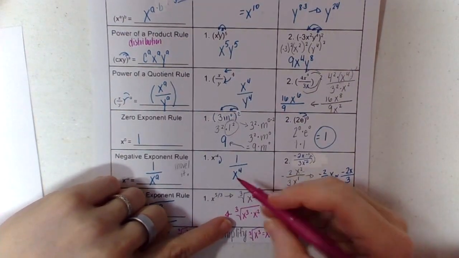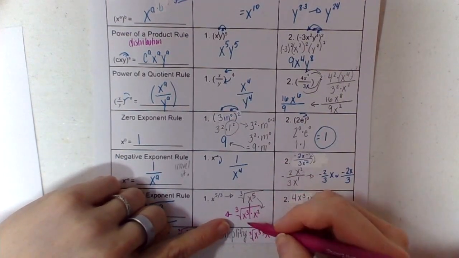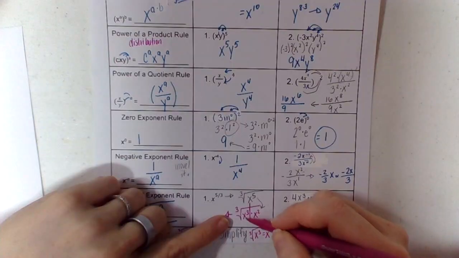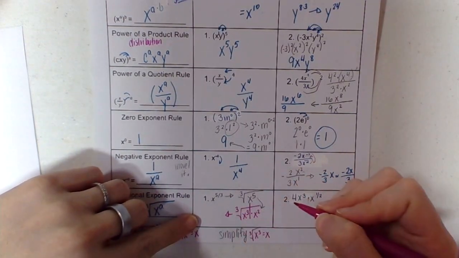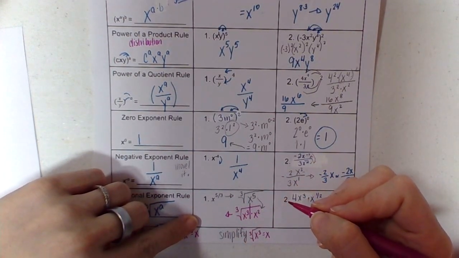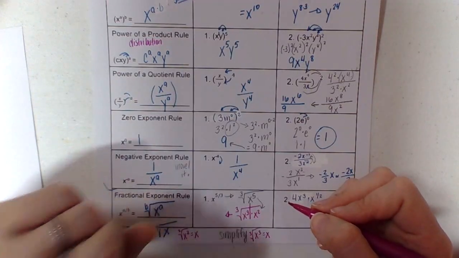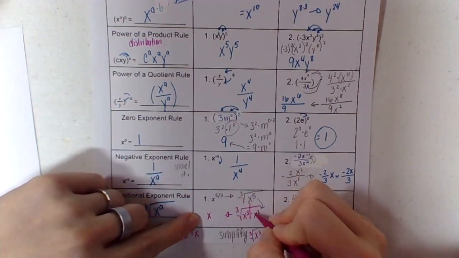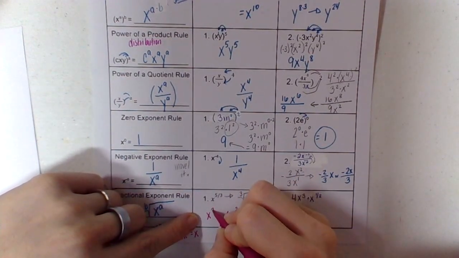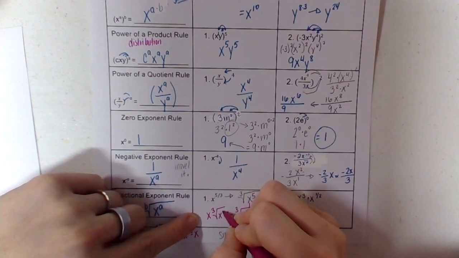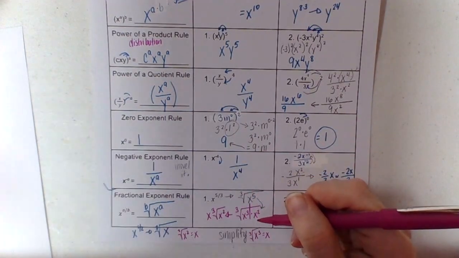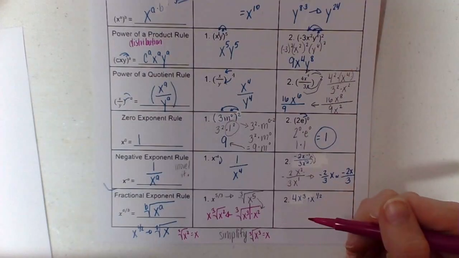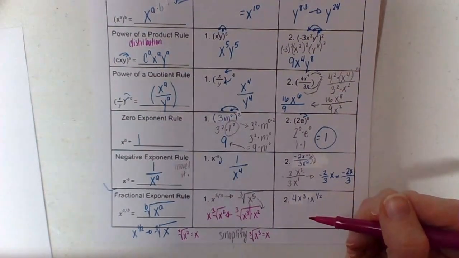Now, if I separate this into the two pieces, this first part here becomes just a plain x, because the third root of x to the third is just x. But I'm stuck with this other part here. I do not have enough x's to take it out of that root yet. I have to leave it as is.